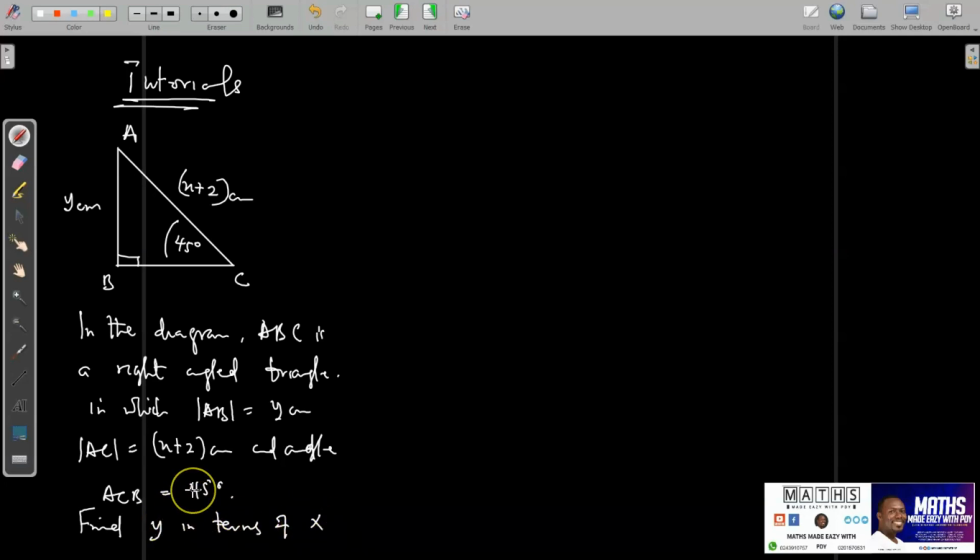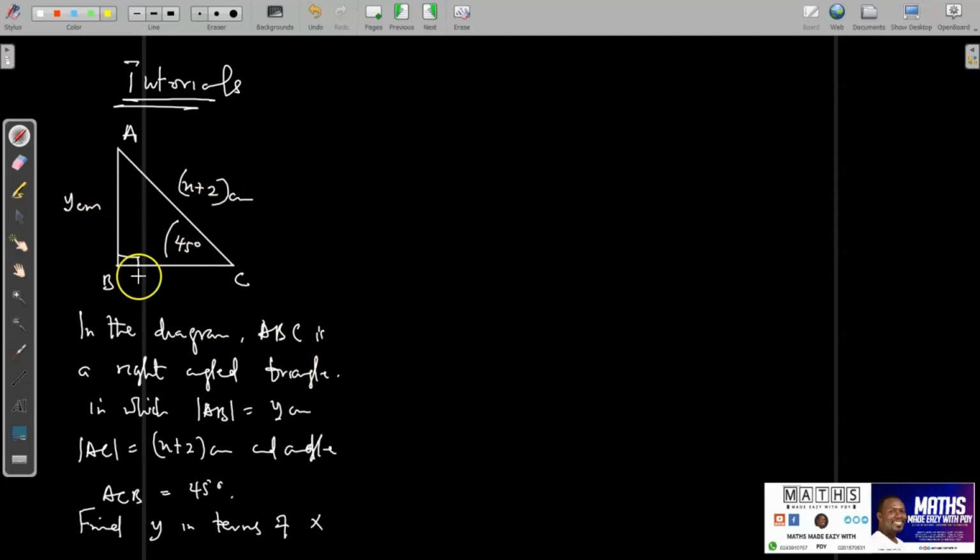We should find Y using X. Or in other words, it means make Y the subject in terms of X. So you need only Y equal to something with respect to X. So how can we find Y in terms of X per the diagram here?